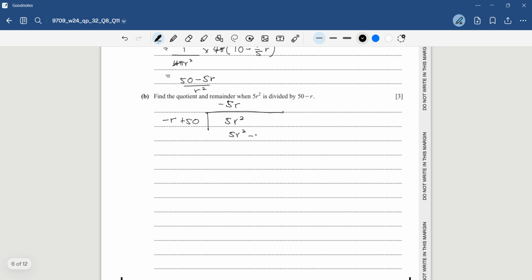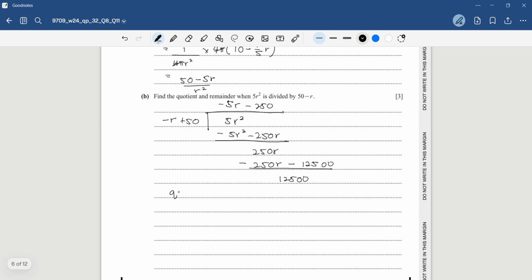minus 250r, minus will be 250r. So minus 250, so will be 250r minus 12500. Therefore it will be minus 12500.